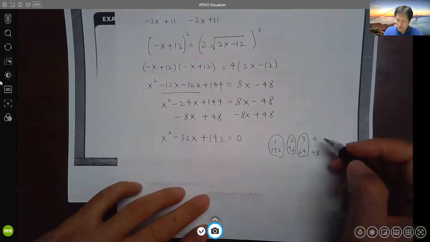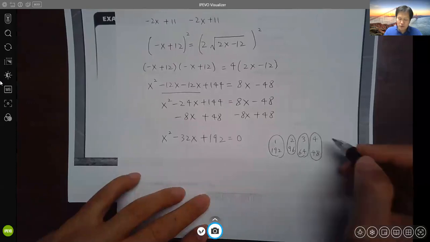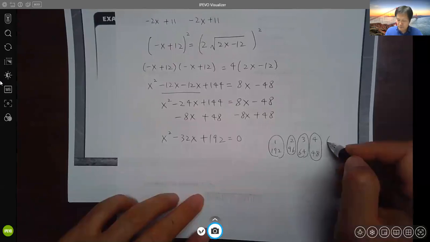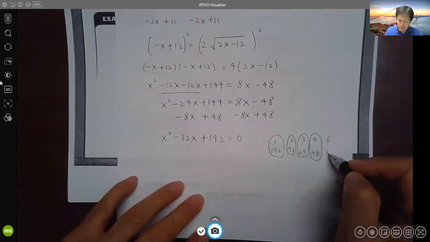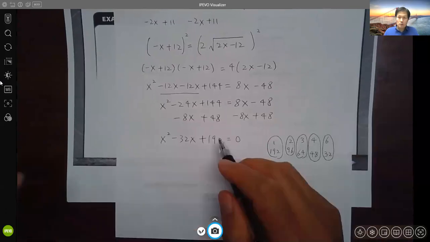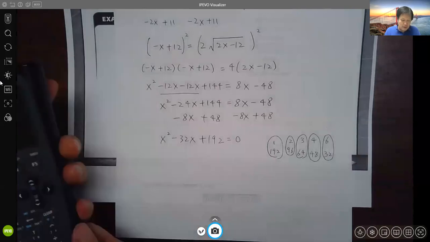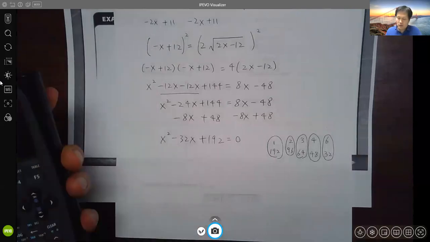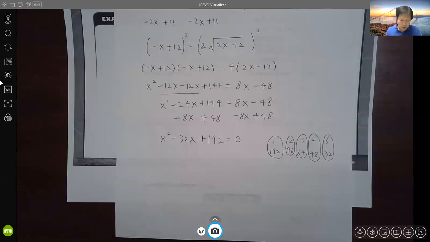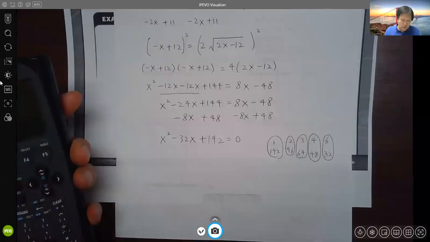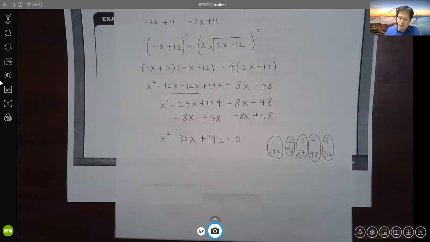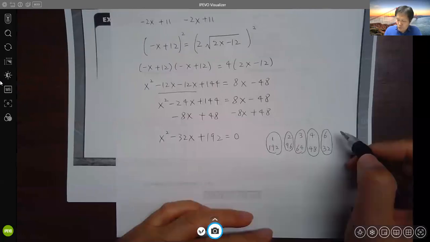Wow, you can use a calculator, by the way. 5 is not gonna work. 6. 6 would work too, huh? 7. That I don't know. So I can do 192 divided by 7. That's not a nice number. 8. I'm going to do 192 divided by 8, 24. So 8 works with 24.